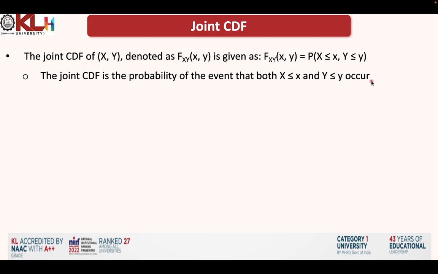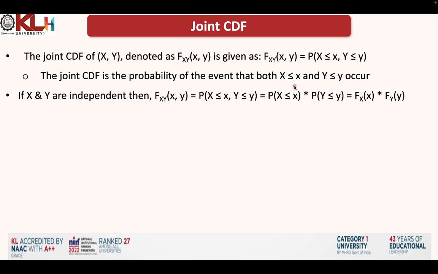So the joint CDF is the probability of the event that both of these occur. Now if X and Y are independent, then similar to the probability case, the CDF of X and Y can be written as CDF of X times CDF of Y.